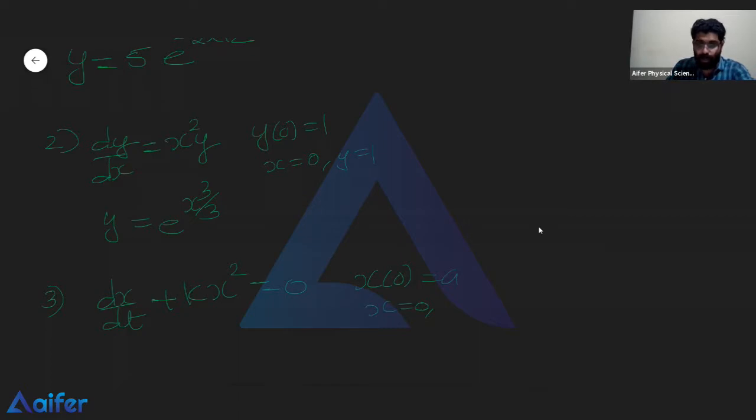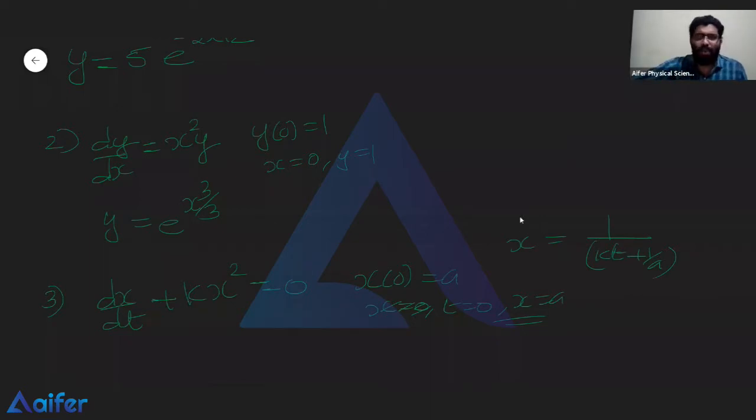Once you solve, you get x as a function of time, right? So at t equal to 0, your x equal to a, and the answer is x is equal to 1 upon kt plus 1 by a. This question I will solve for you. Not too much homework.